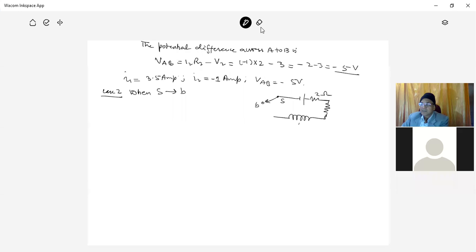This one is 10 millihenry. Here it is 3 ohm, and in this case 3 volt.